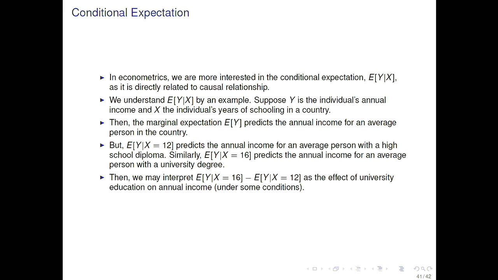This salary should be different from the salary that is expected for people who graduate from university. So that is what this conditional expectation is doing. This conditional expectation is expected value for the salary for those people who finish high school only. And this one is expected salary for university graduate.